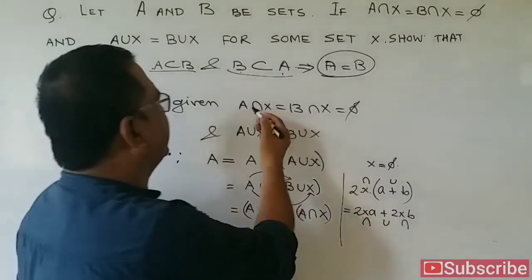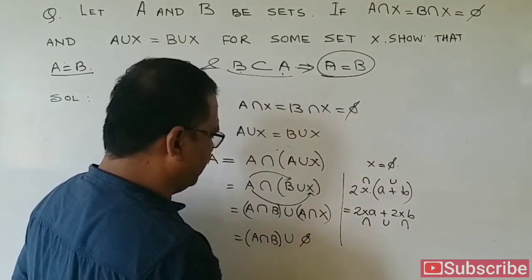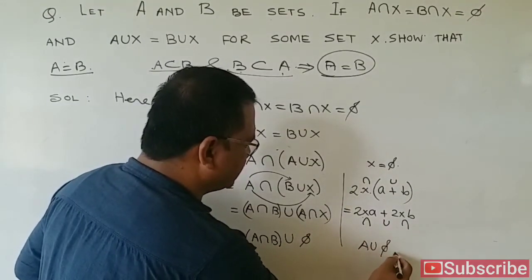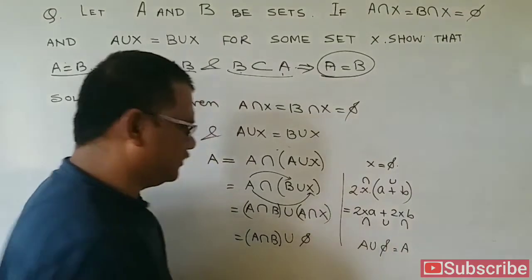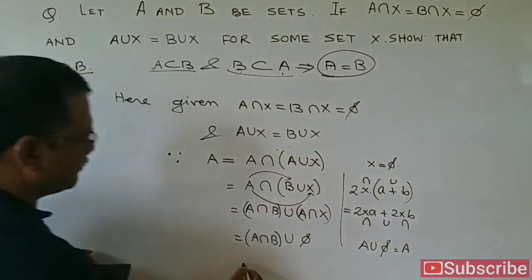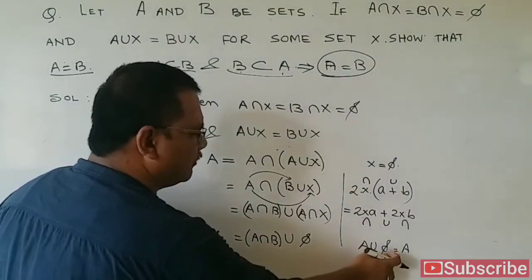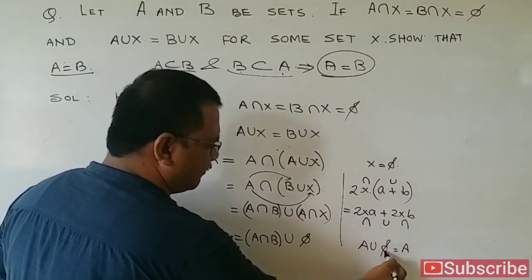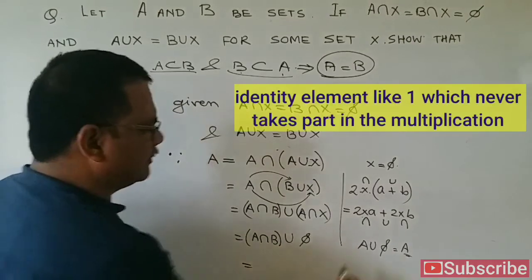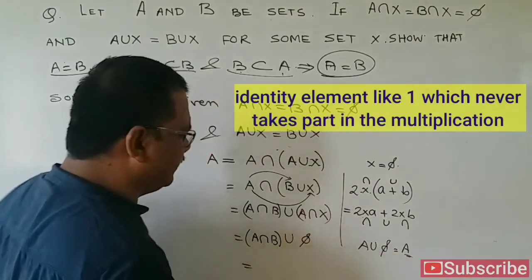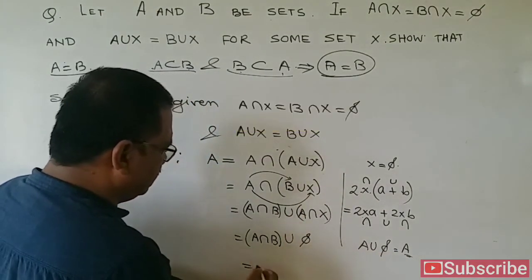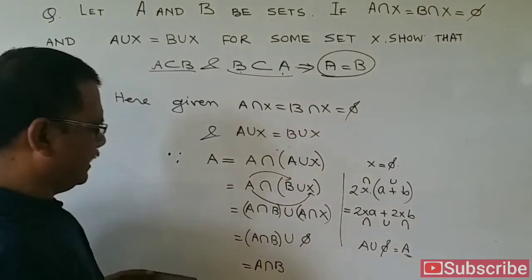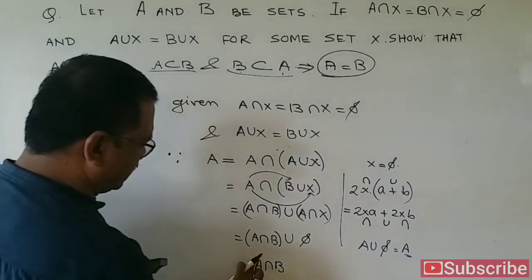A intersection X is phi, that is given, and A union phi is equal to A, which we already discussed. Some set union with the null set produces the same set, because the null set is the identity element for union. So nothing will happen here, only A intersection B is our outcome.